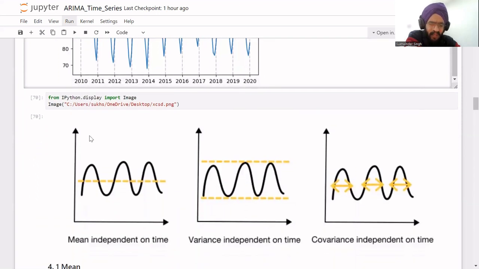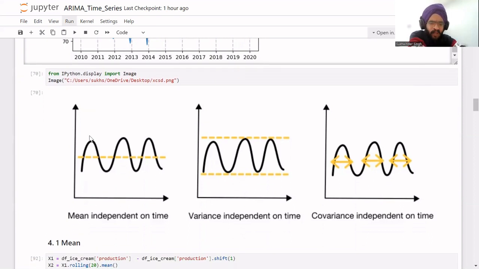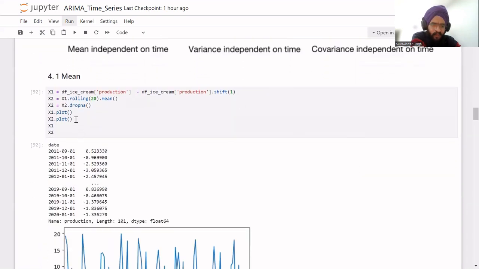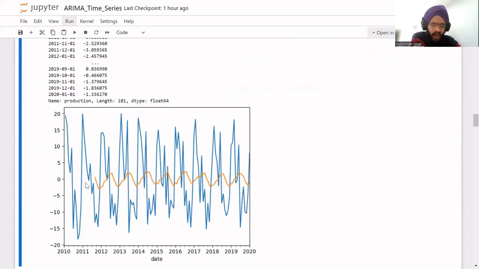However, for better modeling of a time series, a data set must have a constant mean, constant variance, and a constant correlation. Here in the example, you can see the dataset has a constant mean and the same variance and the same covariance. Similarly, when we implement the operation, you can see our model has the same mean.